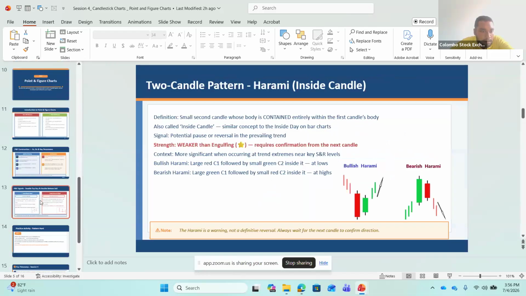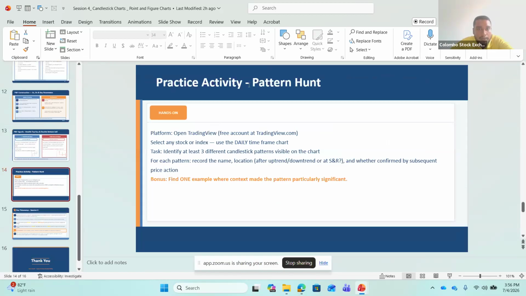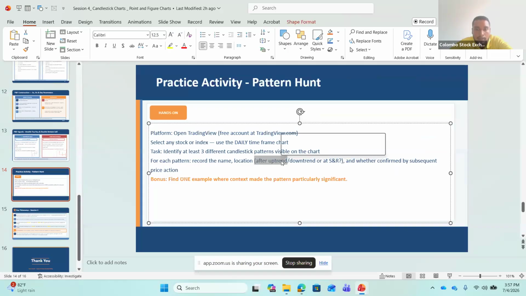I think I have this here. This practice activity, you can do this on your own, right? Basically, try to identify the candlestick patterns, looking at what I have given you, and also look at where that pattern occurred, right? Is it after an uptrend or after a downtrend, and is it at a support resistance level, and also confirm it with the subsequent price action.